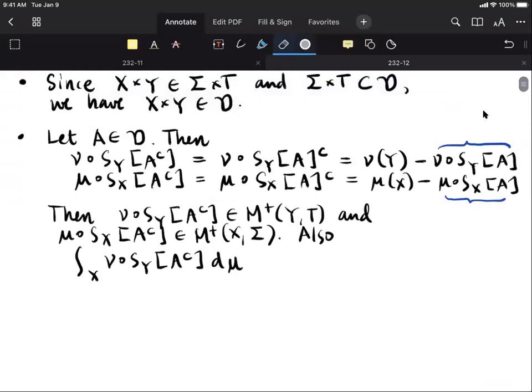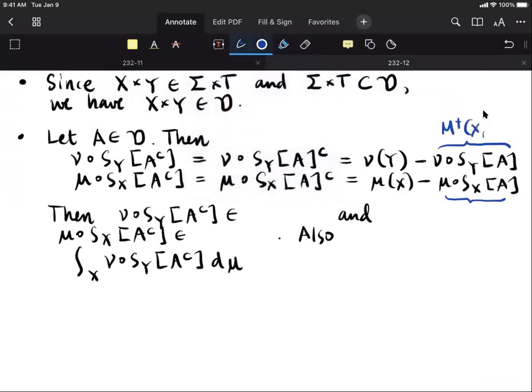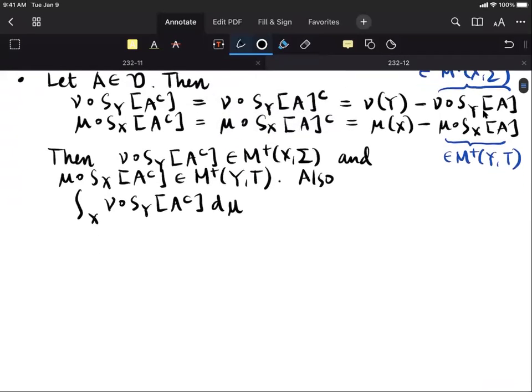So let us correct these statements here. This should be in m plus x sigma. This must be in m plus y t. Okay, so this integral here makes sense.